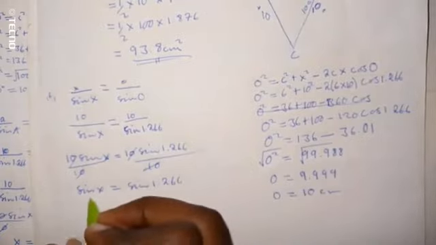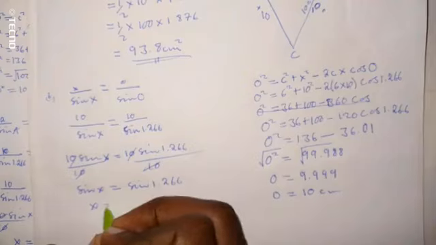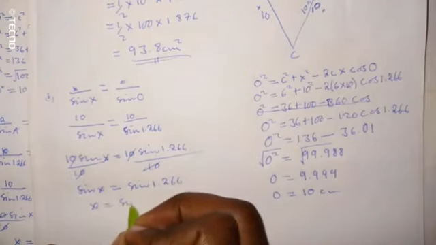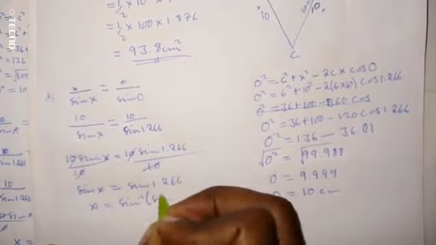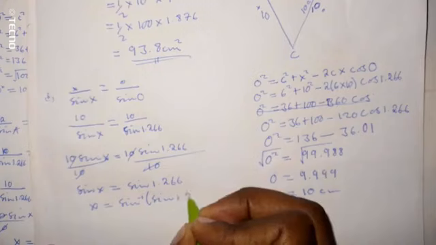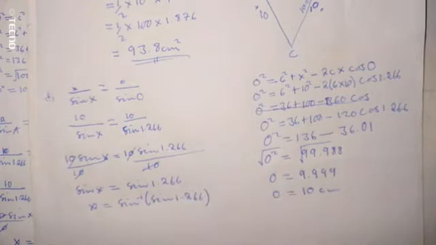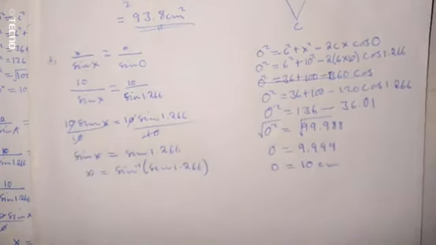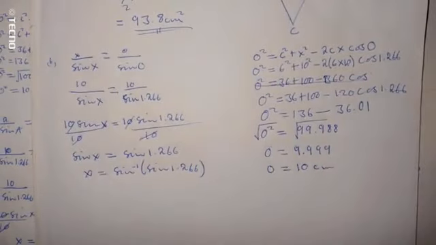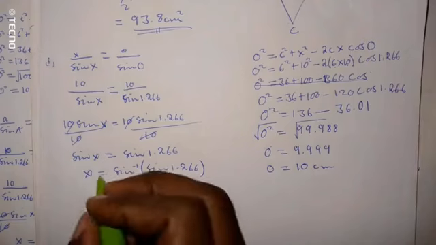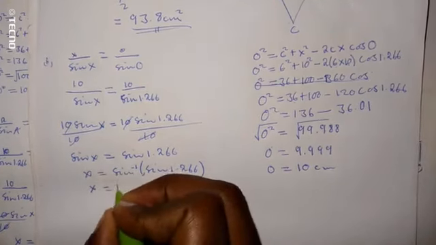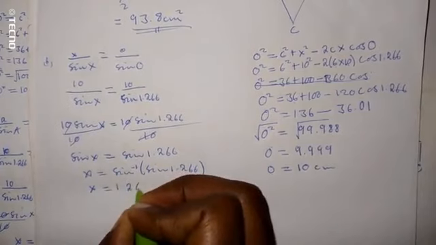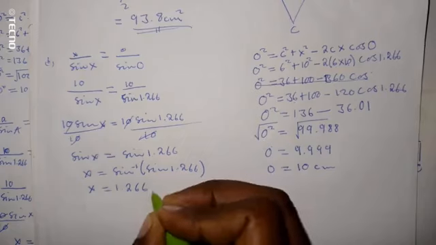Then the inverse of this is x is equal to sine inverse of sine 1.266. When you do this, you get 1.266.